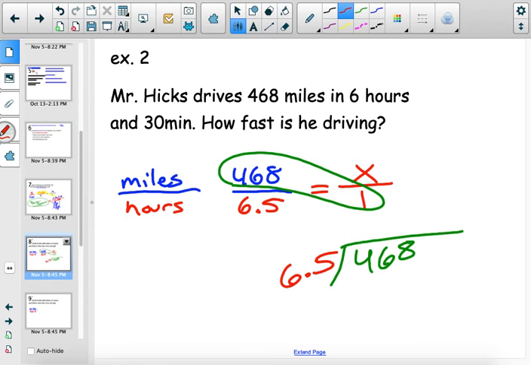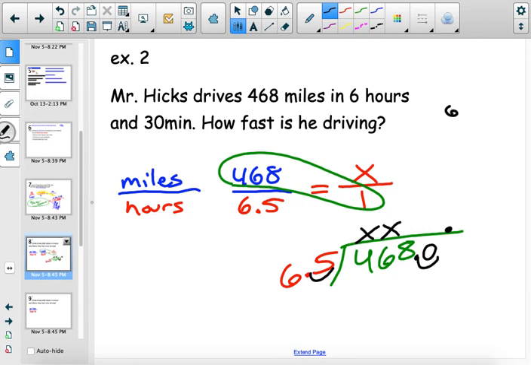Oh, this is uglier than I thought it was going to be. All right, let's move over 1. Move over 1. Does 65 go into 4? No. Does it go into 46? No. All right, somebody give me a guess. How many times do you think it can go into 468? Haley? Estimate, guess.